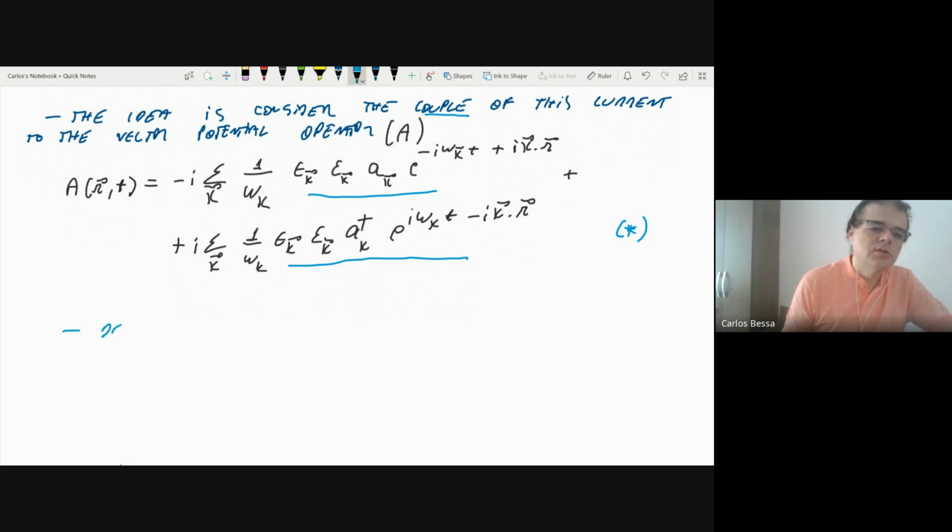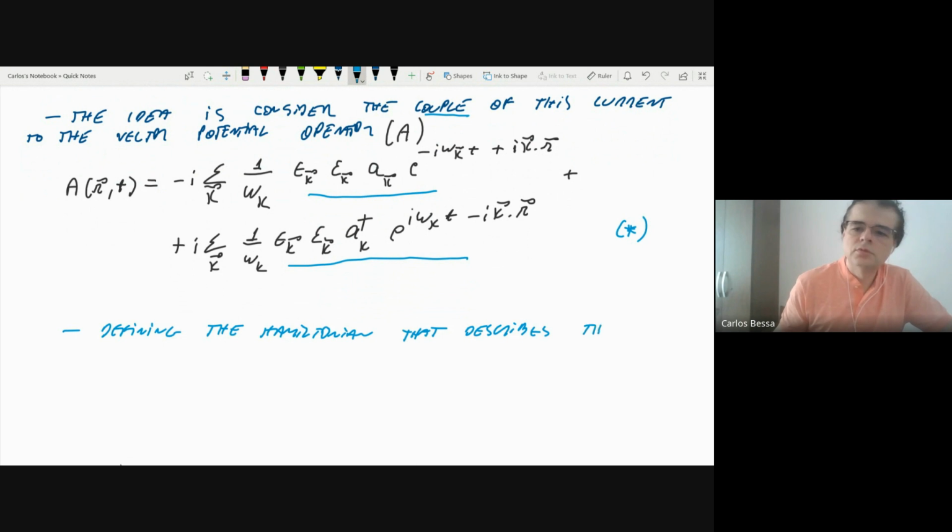We will define the Hamiltonian that describes the interaction between the field, or in this case the potential, which is related to the field, and the current.